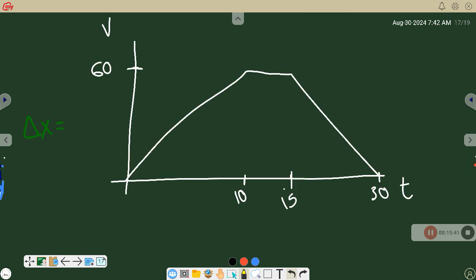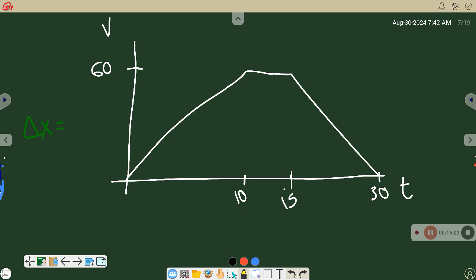Let's look at an example of this. Let's say I got this velocity versus time graph, and I asked you to find what is the change in position of this object. Well, we're going to have to find the area under this curve. I don't know about you, but I don't know the area of a trapezoid right off the top of my head. So what am I going to do?